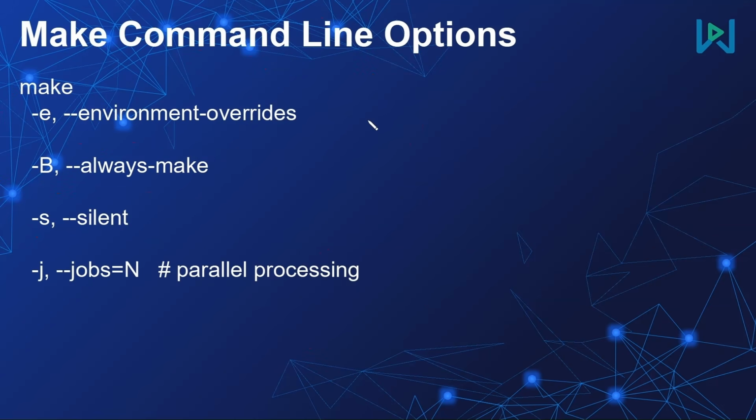Besides the built-in functions within our GNU Make build tool that we have seen in previous slides, the GNU Make build tool does support a set of input command line options. This is an example of those command line options supported by our Make build tool.